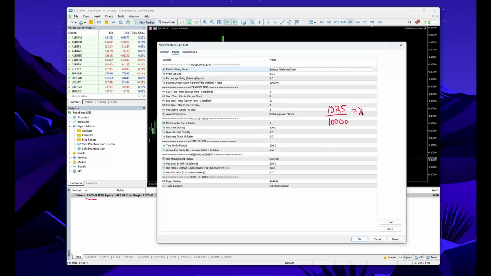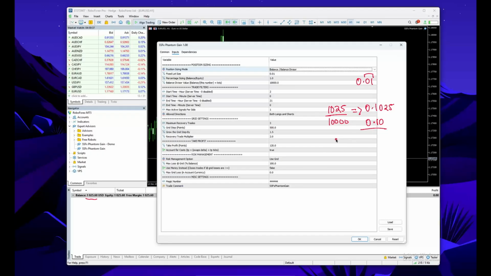In this case, the risk that the expert would be placing on the first trade would be equivalent to 0.1025 lots. However, bearing in mind my broker's limitations, whereby it can only go as low as 0.1, basically 2 digits on this end, it will only trade 0.10.